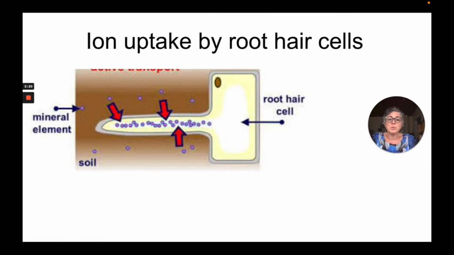So in plants, we have ion uptake by root hair cells. So if you remember, a root hair cell is one of the cells that line the outside of the root, and it has this extension in order to create more surface area for the absorption of water and for minerals which are in the soil.